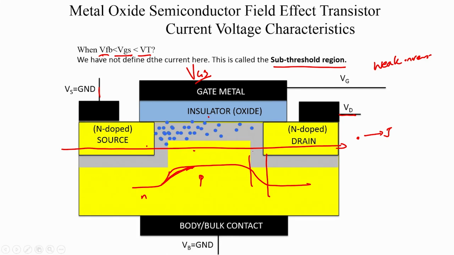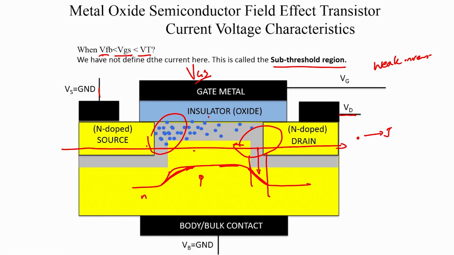So, you do have a lot of carriers injected near the source, but they are still not large enough to form a continuous channel, which means that if you look at this depletion region, this PN junction diode, the field due to this PN junction diode is completely dropped across this depletion region.